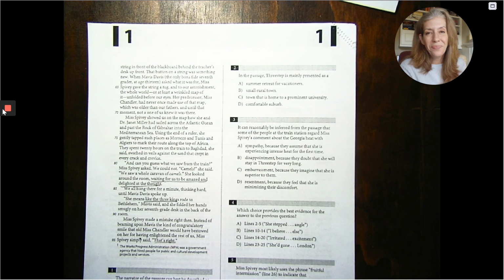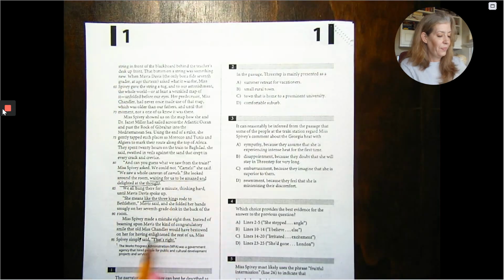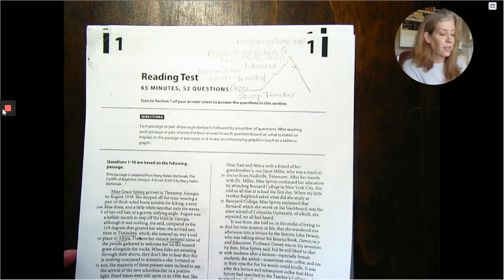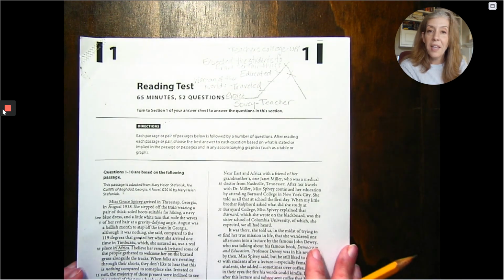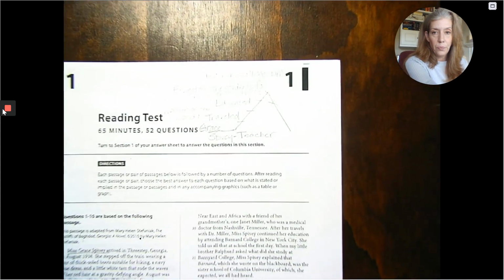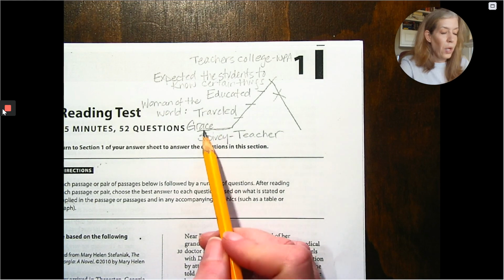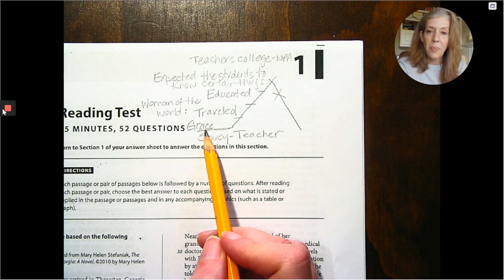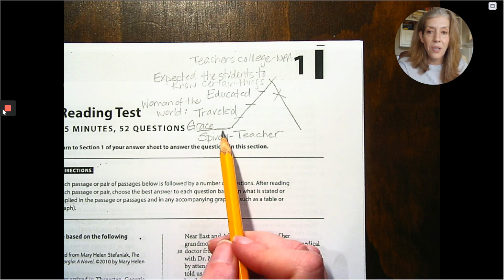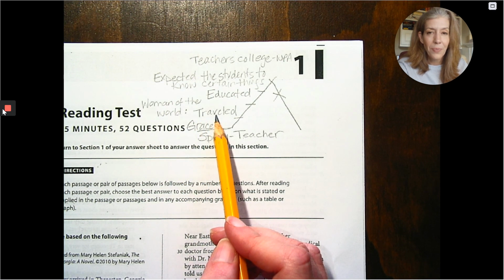Done reading? So let's see how we did. The things that I wrote down that I thought were important were the main character, Miss Grace Spivey, and she's a teacher. At the beginning of the passage, I learned that she's a woman of the world, meaning she's well-traveled.